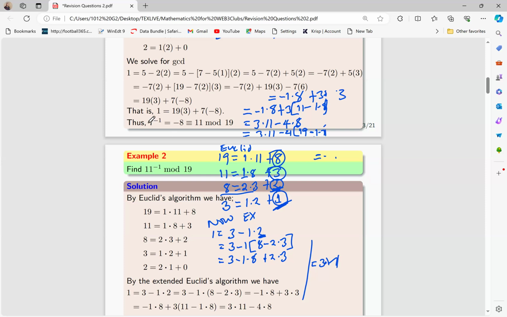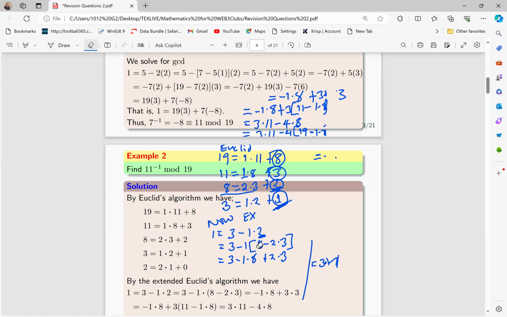This thing at some place doesn't write, so let me get some space for it. Let me do it here. We are at this step. So this is 1. 1 is equal to -4 times 19.